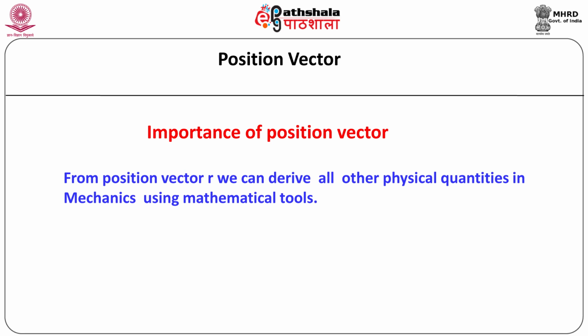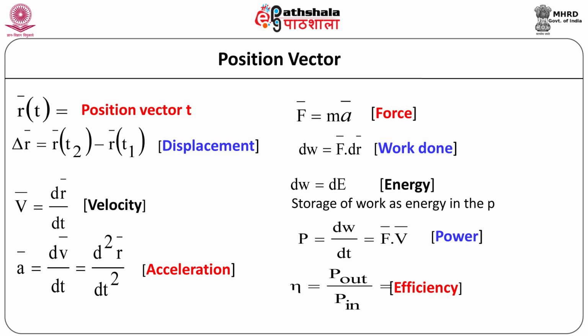The knowledge of position vector of an object is very important in physics. From position vector r, we can determine all other physical quantities in mechanics using mathematical tools. For example, if r bar of t is the position vector of a particle, then the time derivative of r bar gives velocity v bar.